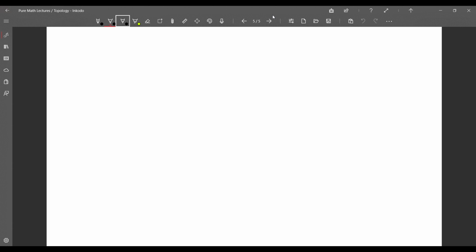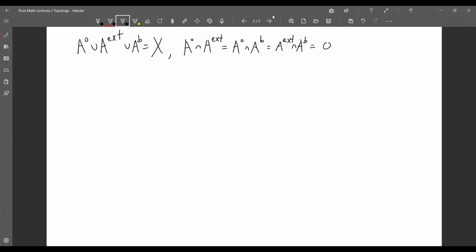And then following this, you can prove that these three sets form a partition of X. So what that means is that the union of these three sets equals X. However, if you take any two of these sets and intersect them, you will get the empty set.